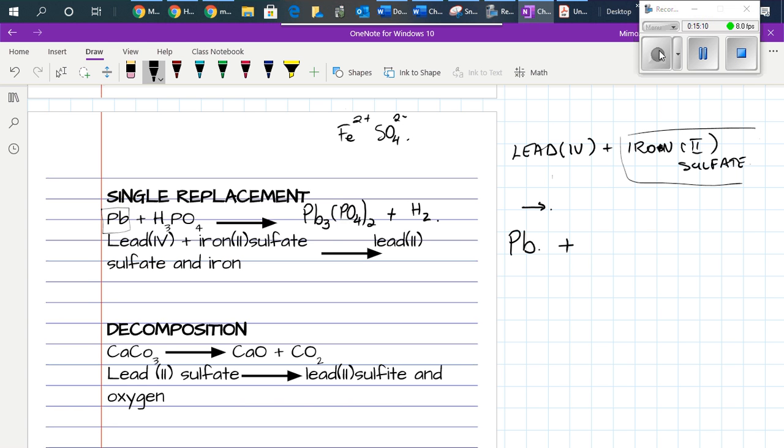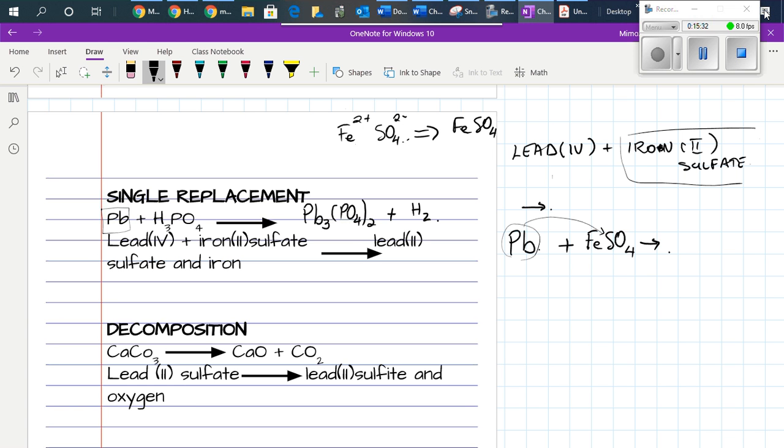So now we switch the two coefficients and reduce them to the lowest terms. This will be FeSO4. So lead plus FeSO4 will give us, since it is a single replacement, what will happen?